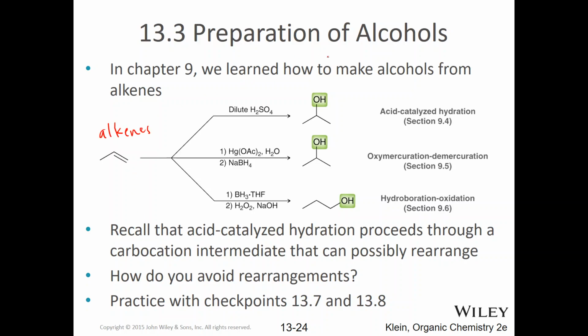And these were addition reactions, right? This is Chapter 9. Okay, so in one case, we used simply dilute sulfuric acid. Okay, this was subject to rearrangement because it made a carbocation intermediate.